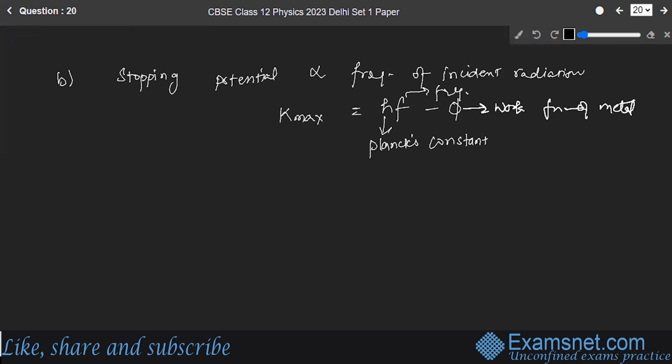Okay, now K max is your maximum kinetic energy of photoelectrons. Hence, as the incident radiation frequency rises, so does the stopping potential needed to halt the photoelectrons. Hope you understood this.